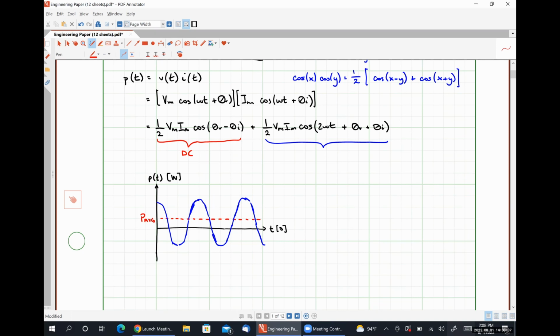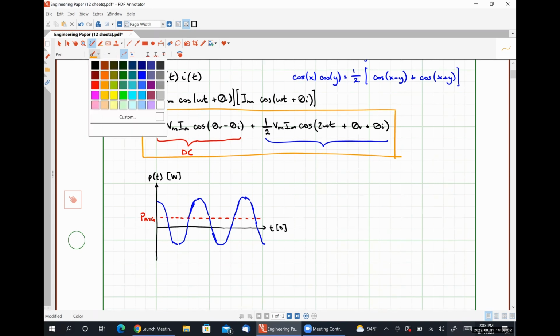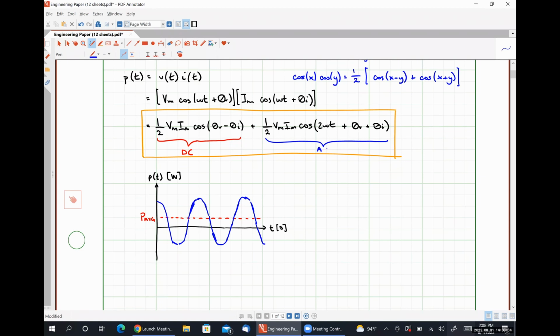Okay. So the equation that we've developed, and I'm going to put a big box around it. And I'm also going to remember to write down AC right here.